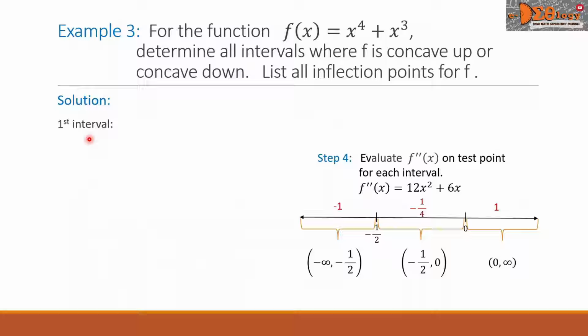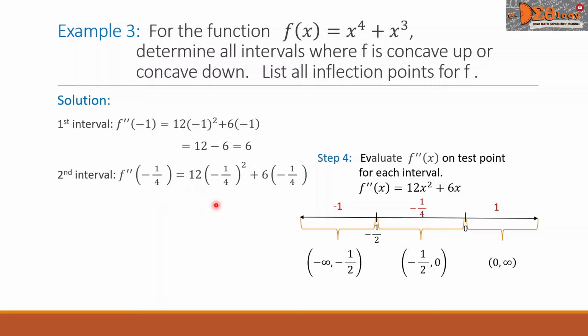Let's begin with the first interval, so that is f double prime of negative 1. So we have 12 times the square of negative 1 plus 6 times negative 1. We have positive 6. For the second interval, we will use the test point negative 1/4. So f double prime of negative 1 over 4.